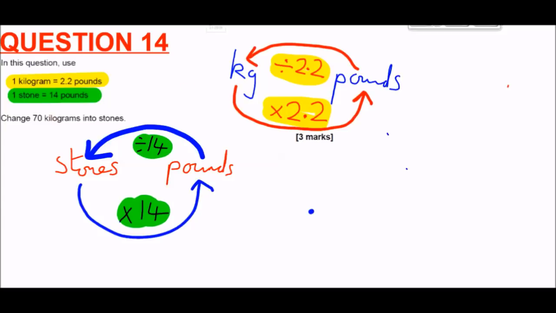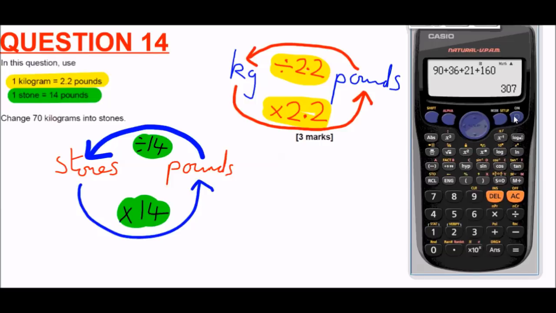So what we need to do first of all is to change the kilograms into pounds. To change from kilograms to pounds, we're going to multiply by 2.2. We get our calculator ready, and we've got 70 kilograms times 2.2. So 70 multiplied by 2.2 equals 154 pounds.